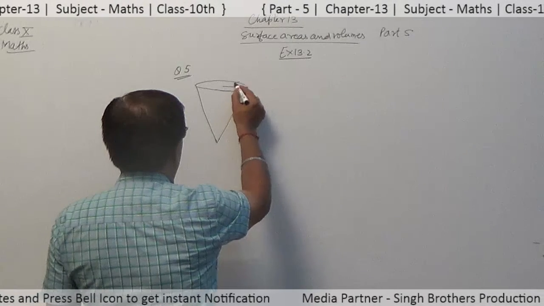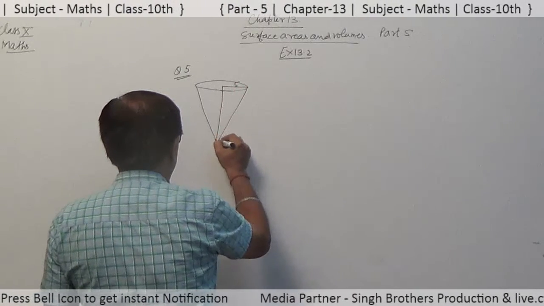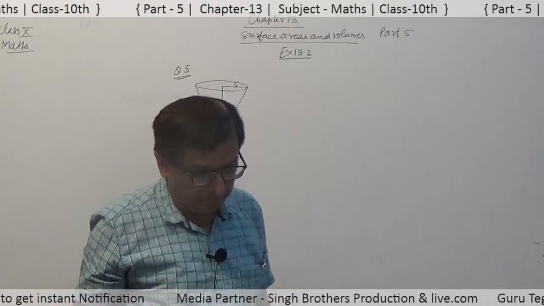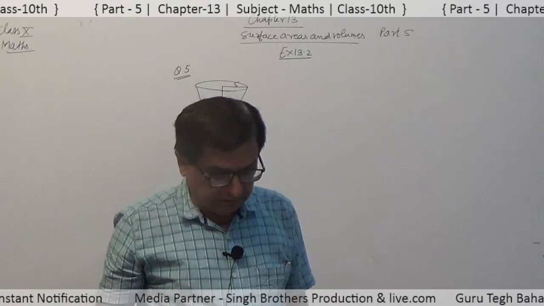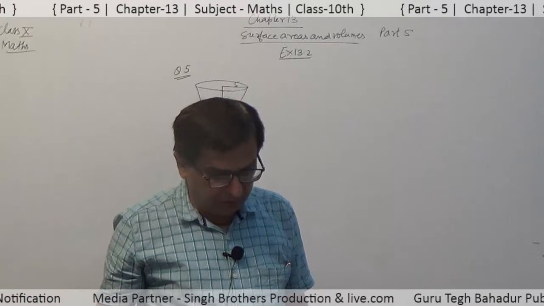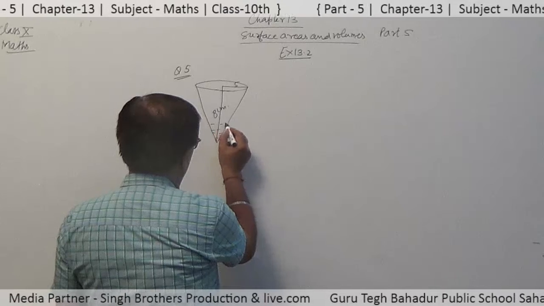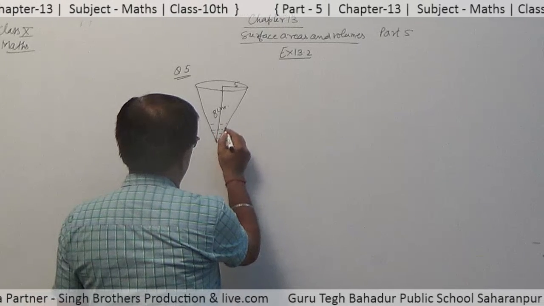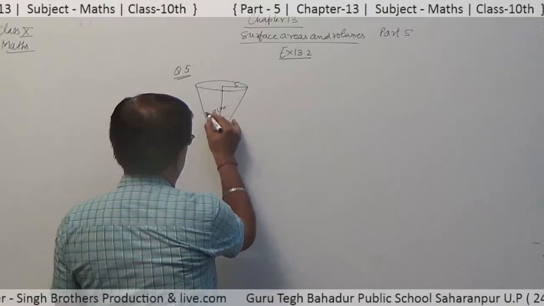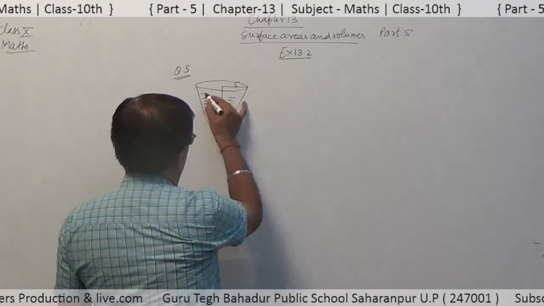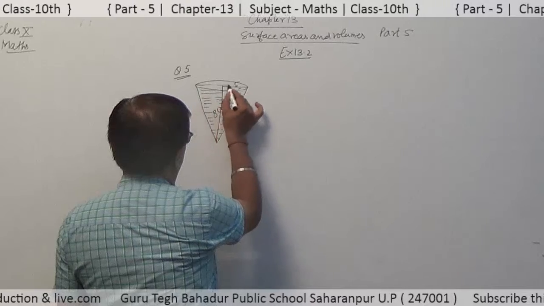This is radius 5 and this is height 8. It is filled with water up to the brim.